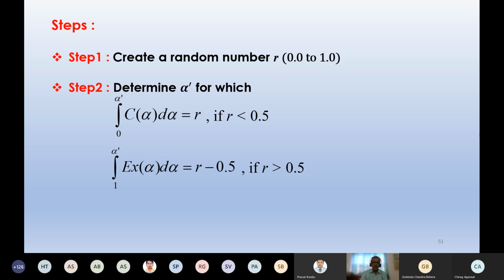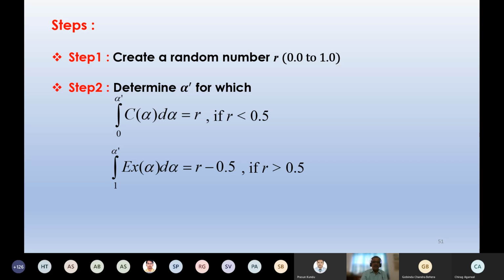Now, there are three possibilities. R could be less than 0.5, R could be exactly equal to 0.5, and R could be greater than 0.5.